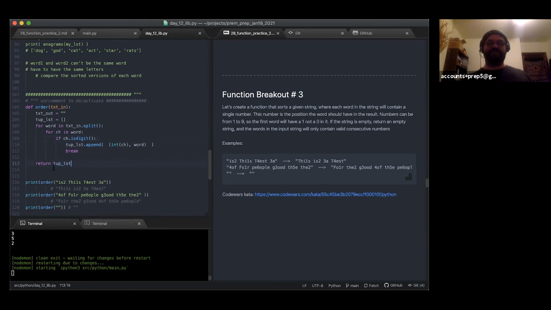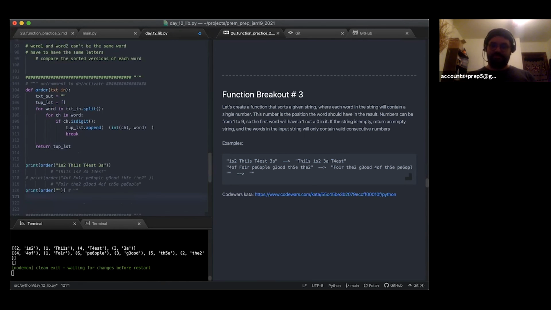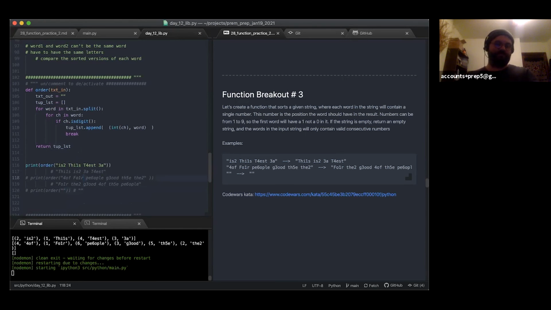A lot of times I'll just keep something that I'm interested in monitoring at the end of the function. I'll keep that as the return if I don't yet know what my return is, but you could print it off after the loop too, whatever you wanted to do, but I'll just return it. And let me just pare down to one test for now to get a little bit simpler output.